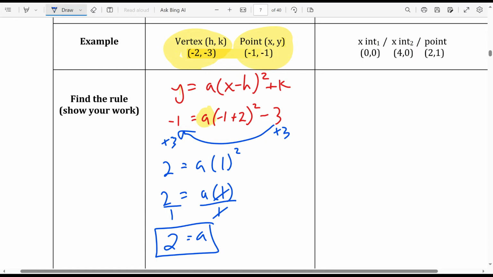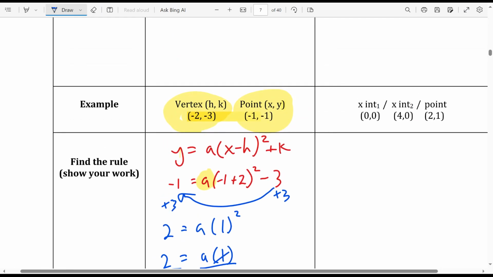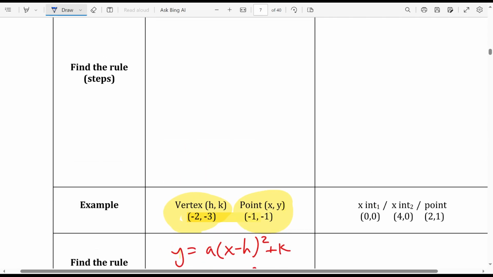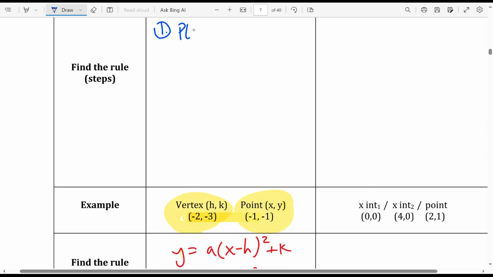So in terms of the steps of this guy, step 1 is basically just plug it in. Step 2 is move the k. And then step 3 is really just finish the order of operations. So we can write it out discretely though. Step 1, plug it in to the form.